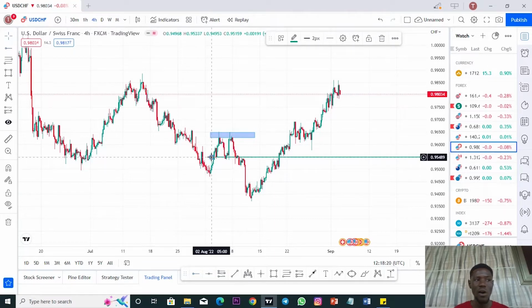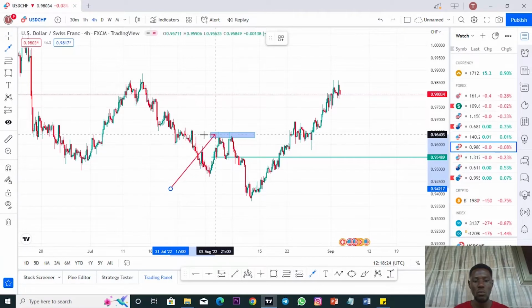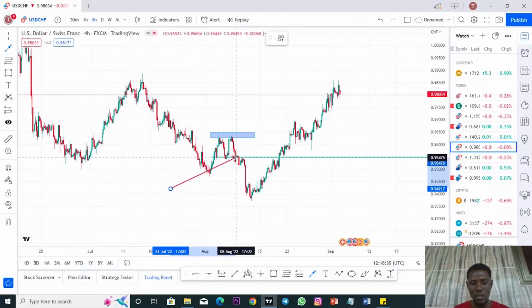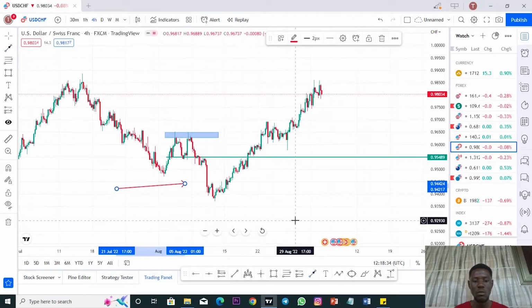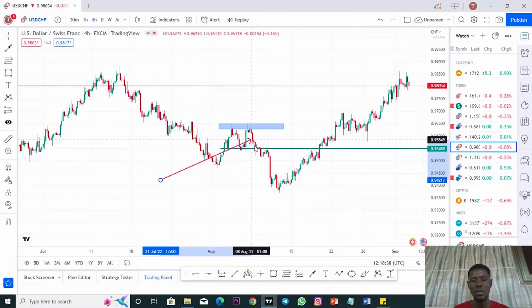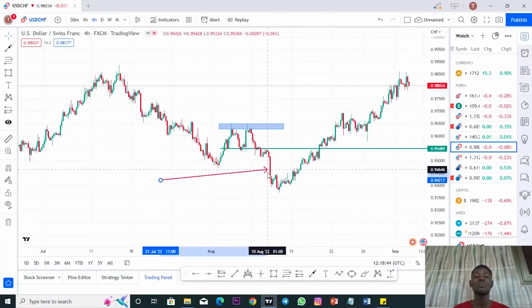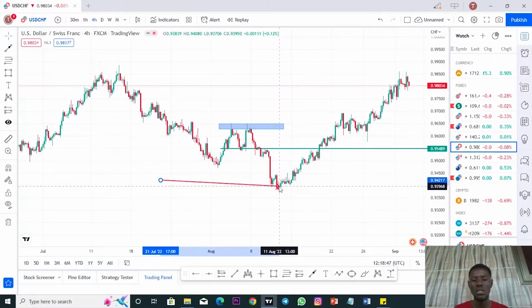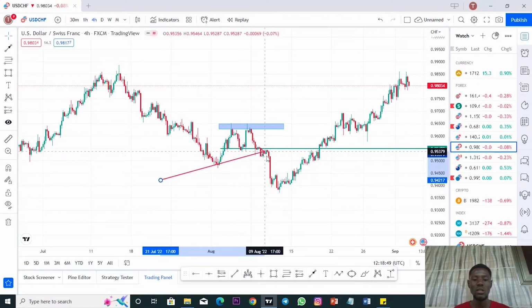The double top was created very nicely here, and here is our trend line. As I was saying, you see price break out of this region and come back for a retest very nicely. Let me open the chart so that you can see. Price broke out of this neckline region and came back for a retest very nicely before a spike all the way to the downside.